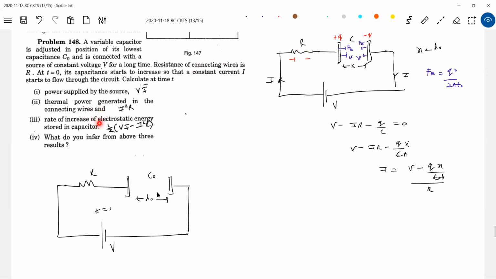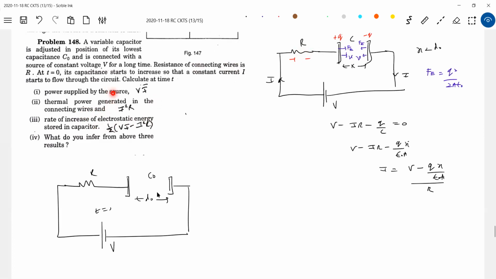Rate of increase of electrostatic energy stored in the capacitor. There's power supplied by the source, and some power dissipated in the resistance.